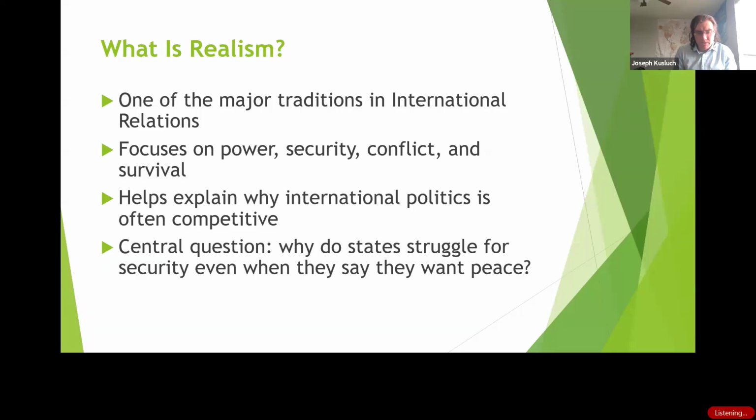Instead, the goal is really to understand what realism is, what assumptions it makes about international politics, and why it has been so influential in the study of war, in the study of peace, in national security, and in foreign policy. For instance, the National Security Senior Seminar that I'm teaching in the fall is really built on a lot of realist scholars' work.